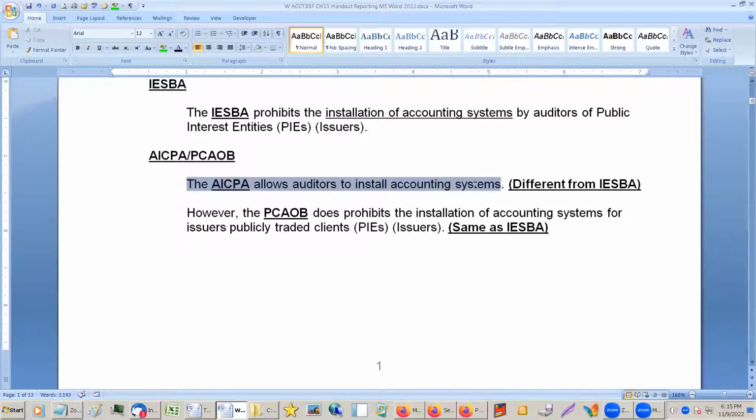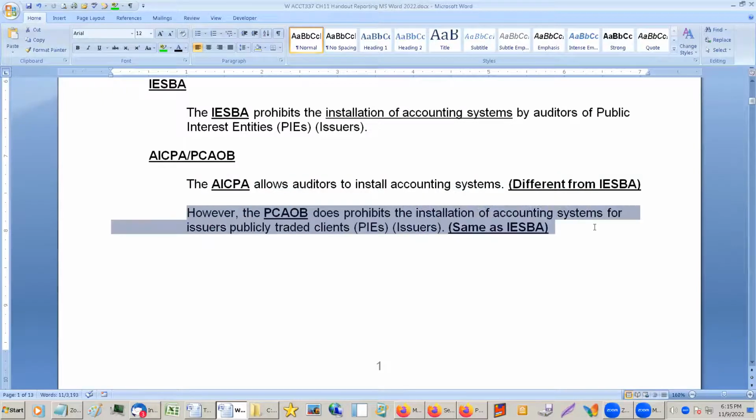Our group, the AICPA, allows it. However, our other group, the big group for the big companies, doesn't allow it. So while the two main standards are different, overall, between the AICPA and the PCAOB, they're the same.